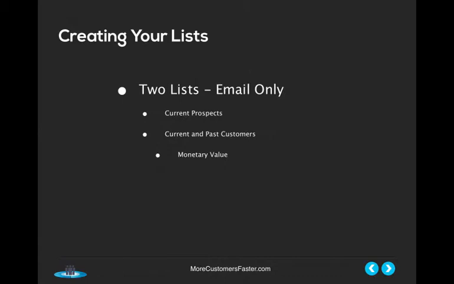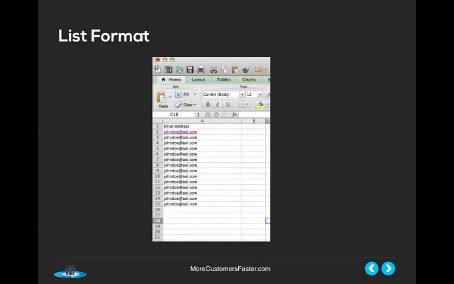And the format is very simple. It does need to be a CSV file, which is short for comma separated value. You can create this in Excel rather easily. You just put all the email addresses in there, and you'll notice, like in this setup here, the top column, row number 1, says email address.